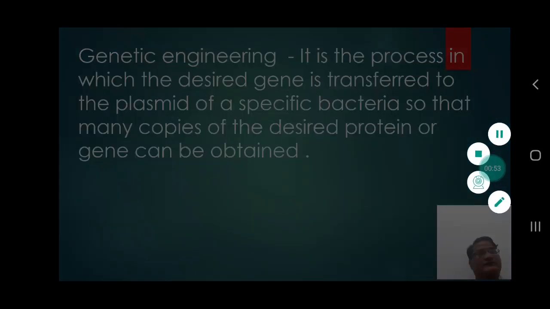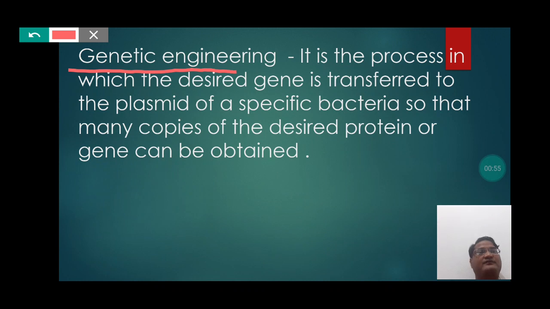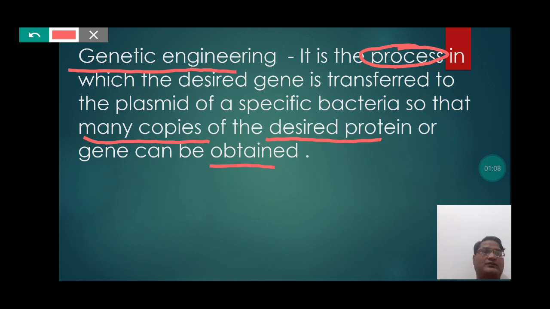So students, genetic engineering actually is a specific process in which many copies of the desired gene can be obtained by transferring the desired gene in the plasmid of a specific bacteria.